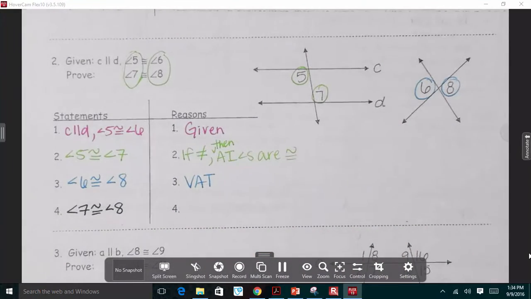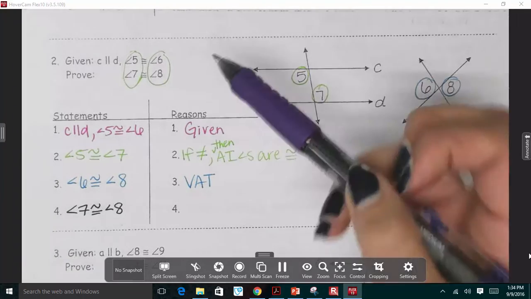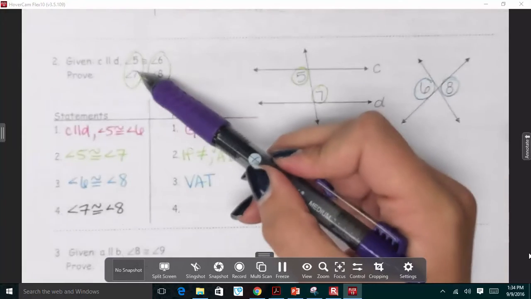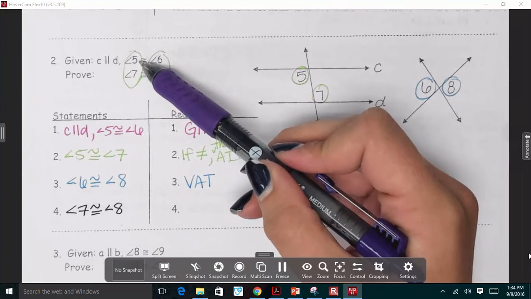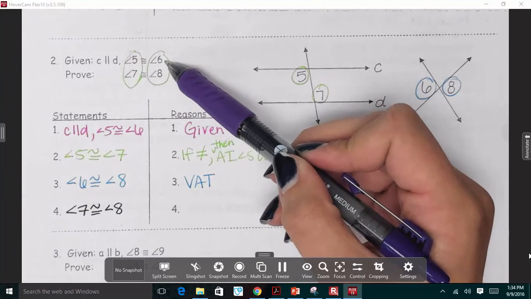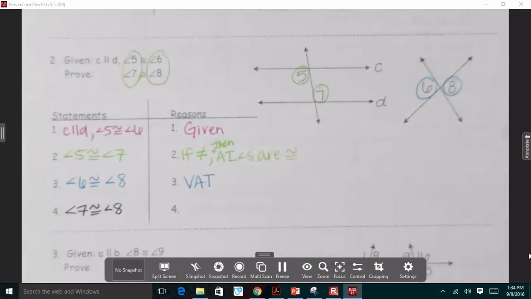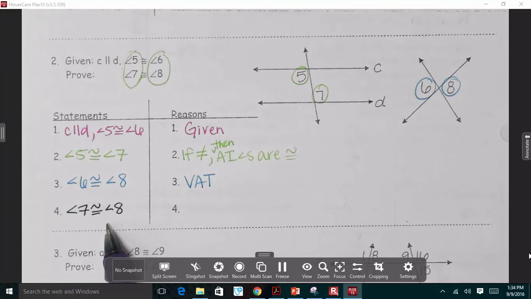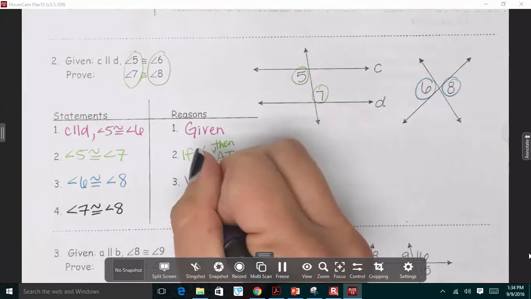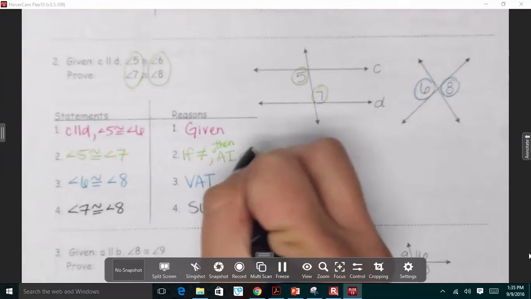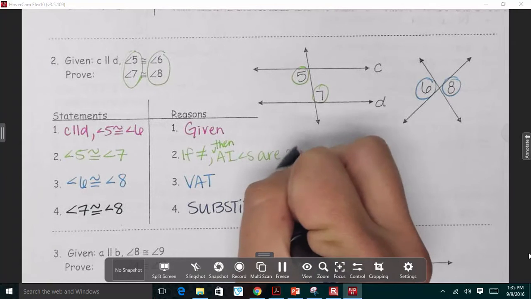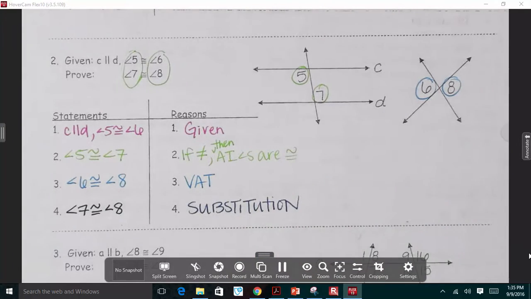Okay, now looking back up here, if I put 7 in for 5, because 7 and 5 are equal, and I put 8 in for 6, what 2 angles would be equal? 7 and 8. Is that our proof? Yes. So by what did we prove that? Substitution. So would that always be the same? For those type problems, yes.